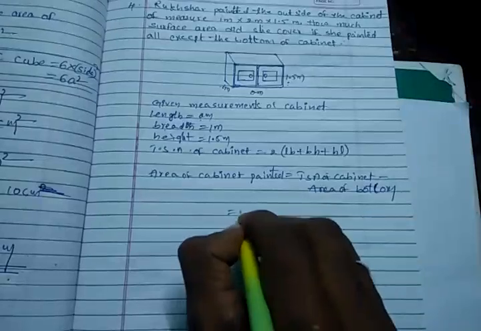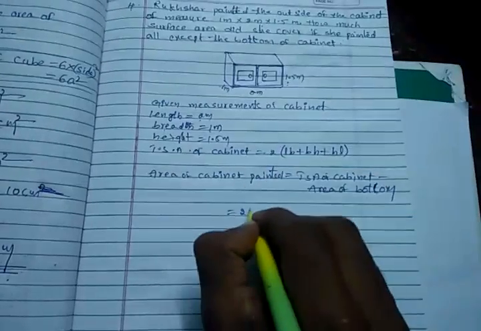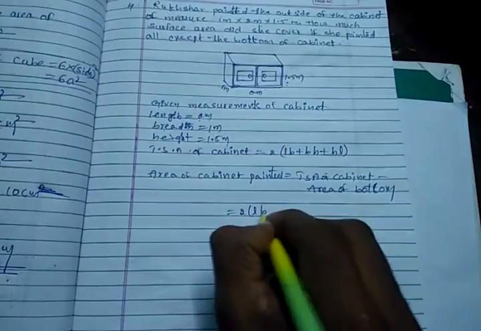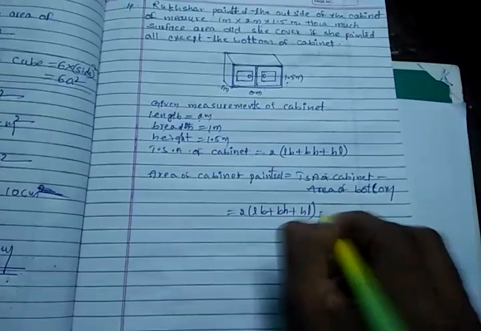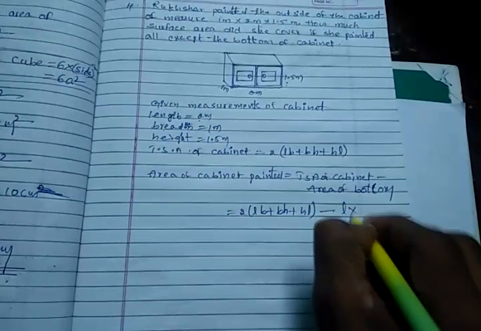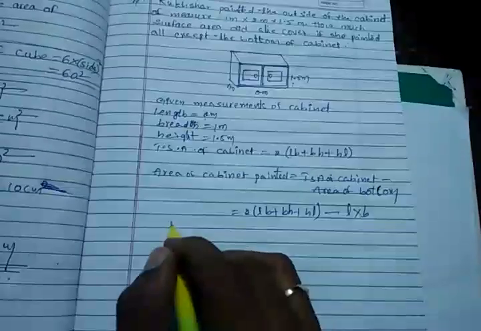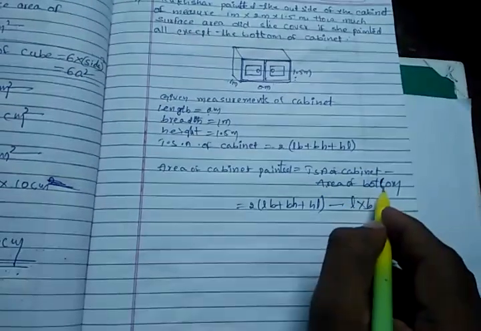Now TSA of cabinet is already given: 2(LB + BH + HL) minus L into B, the area of the base, I mean the area of the bottom.